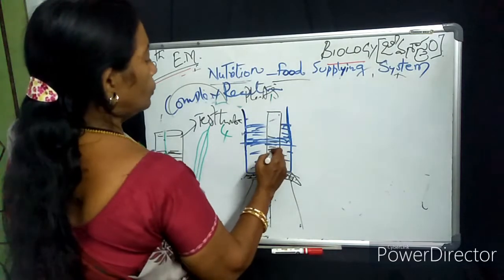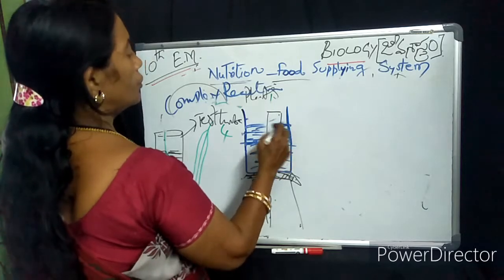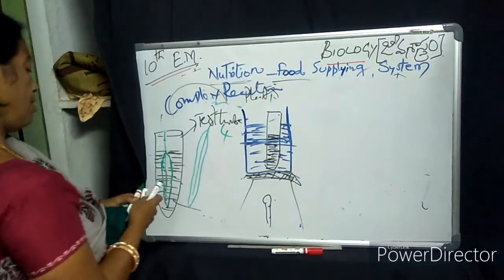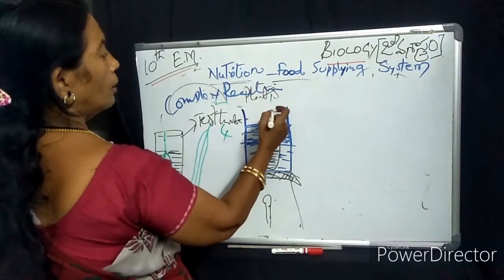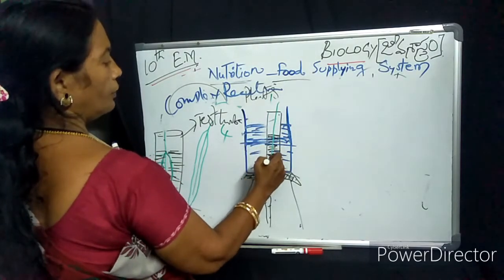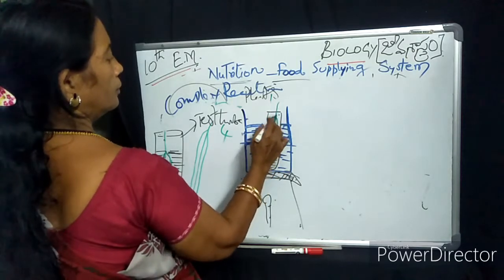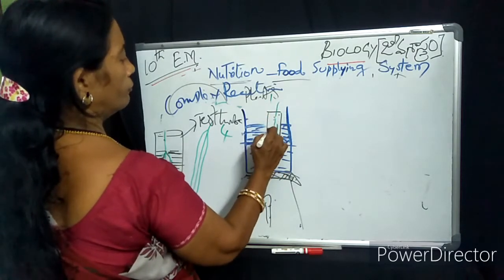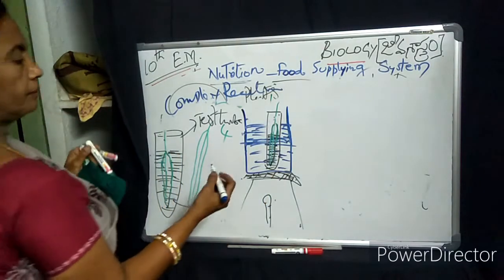We should show the methylated spirit in this test tube and the long leaf in the methylated spirit.